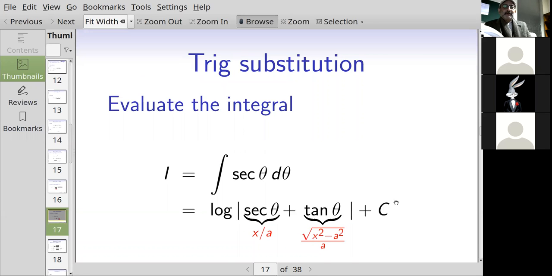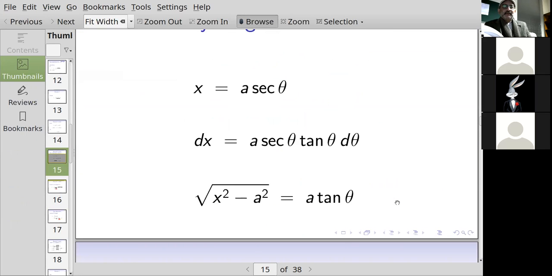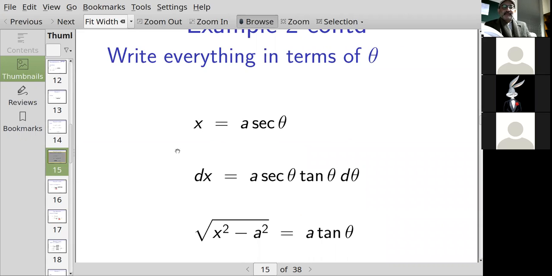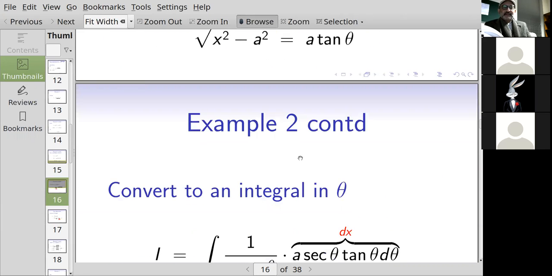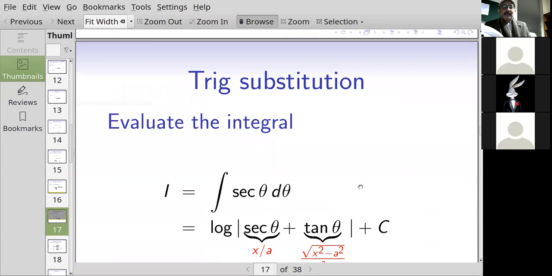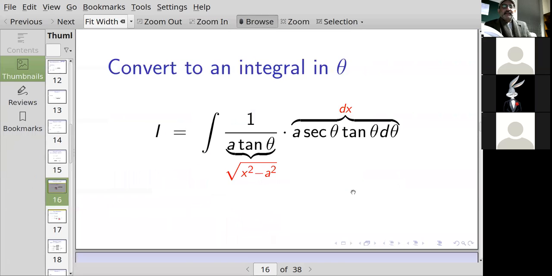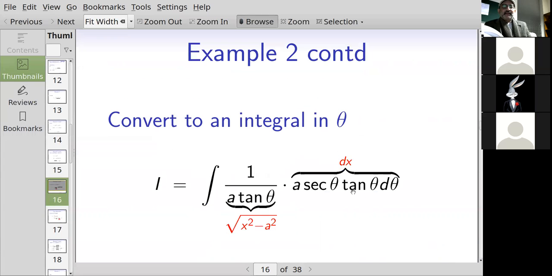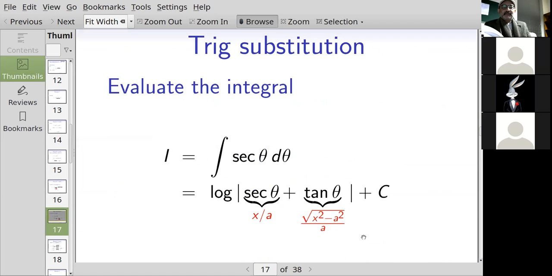Now, how do I replace secant theta? Well, x was equal to a secant theta, so x over a is secant theta. And we had that a tangent theta was the root of x squared minus a squared, so tangent theta is equal to 1 over a times the root of x squared minus a squared.